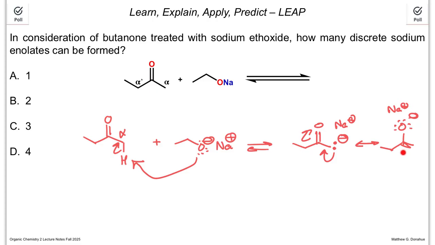Notice this alkene. The terminal carbon has 2 hydrogens. So this cannot form E or Z. That's the only enolate that can be generated from alpha.